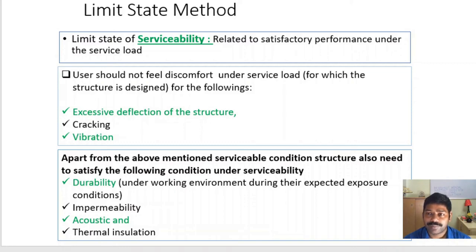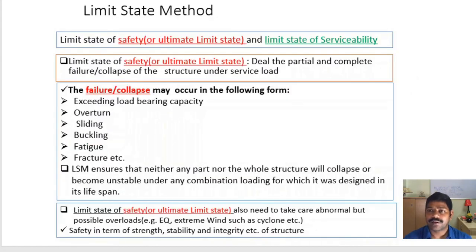In the limit state method, what we have learned is that there are basically two criteria. One is the limit state of safety, and another is the limit state of serviceability. In the safety criteria, we have learned that there should be proper strength, the structure should maintain integrity, and the structure should be stable.